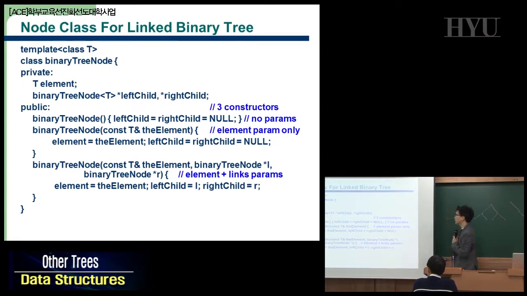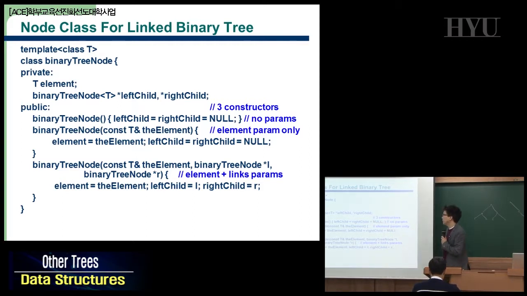Public, 3 constructors. If I create my node, if I create my element, what might be the initial value of left and right child? Has to be null, right? No. If I started having my left and right, I would change the pointer at that location. So when I create one, left, right child, null.